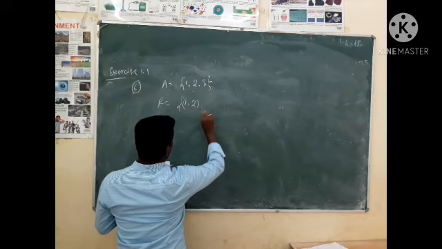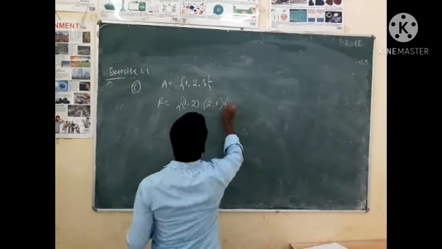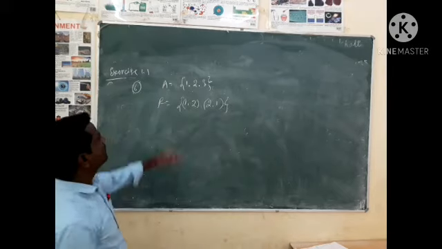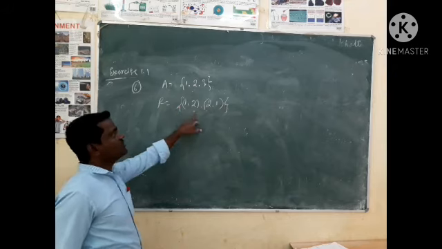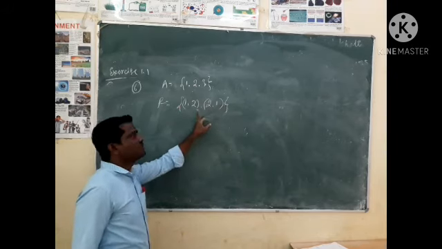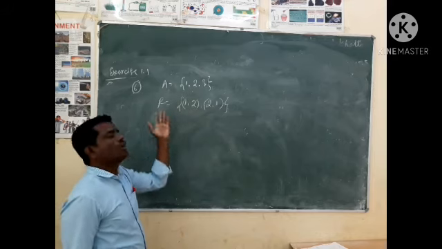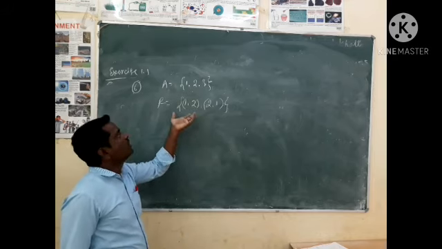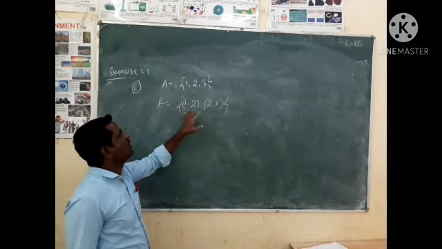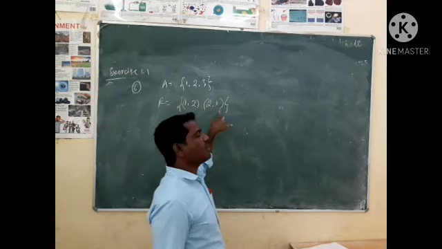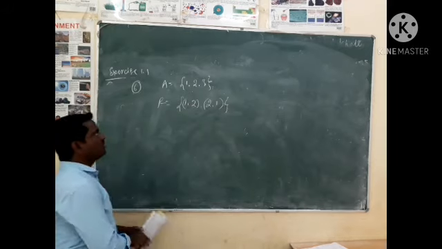It is easy to understand: (1, 2) is there and (2, 1) is there. That shows the relation is symmetric. (1, 1) does not belong to R and (2, 2) does not belong to R, which shows R is not reflexive. And (1, 2) belongs to R, but (2, 3) and (3, 3) are not in the relation. Therefore, it is not transitive.